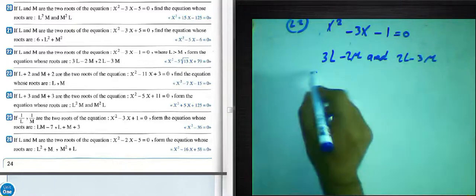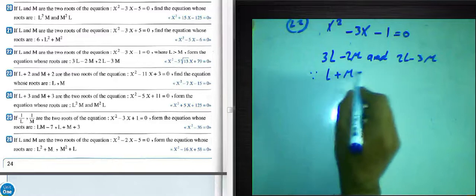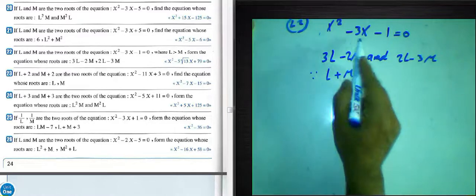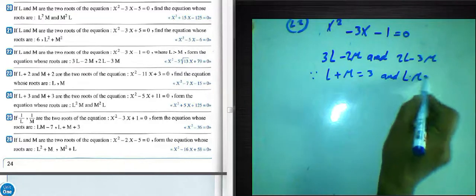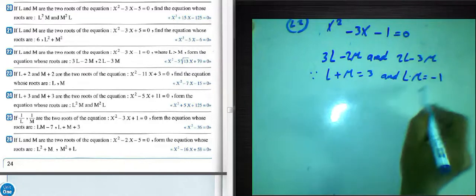First we know L plus M equals 3, the negative coefficient of x, and the product of L and M equals negative 1.